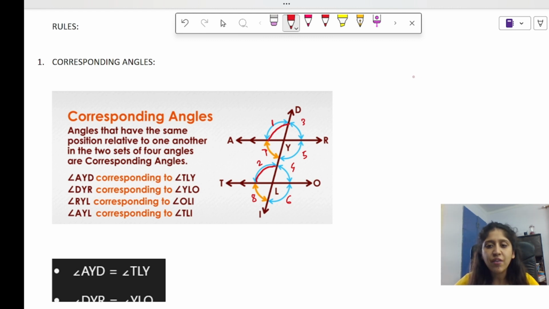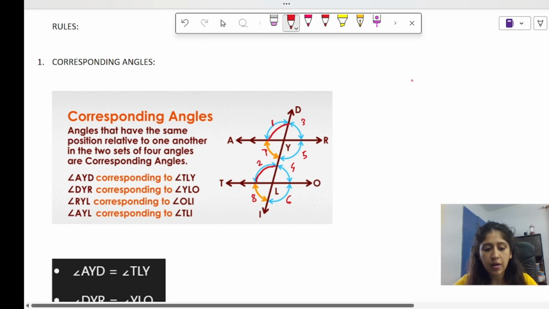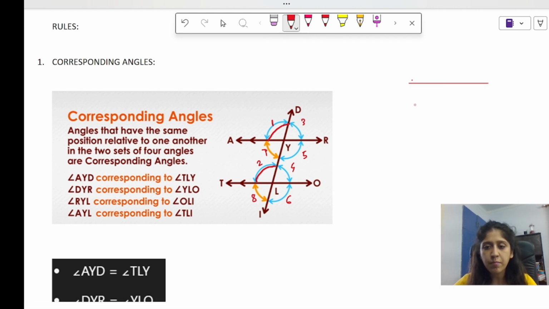So when we have three parallel lines, for example, this is one parallel line. This is the second parallel line, and this is the third parallel line. All right, and we have a transversal. I hope this you know. This is the transversal, and these are the parallel lines.